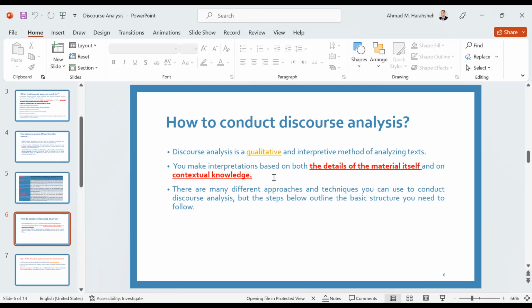Who wrote it? At what time was it written? What was the purpose of this novel? And the nature of the Egyptian society at that time, and the cultural norms that prevailed at that time, and so on. This is what we mean by contextual knowledge, or especially encyclopedic knowledge.